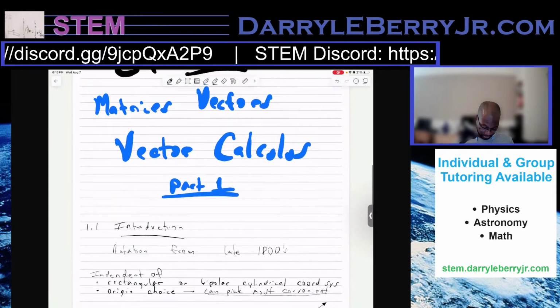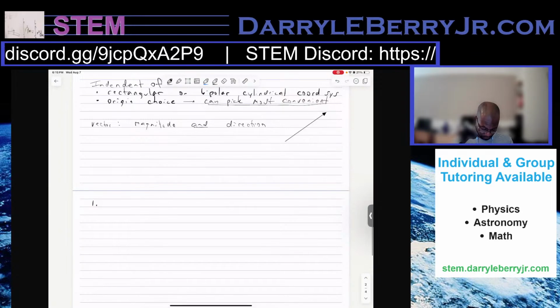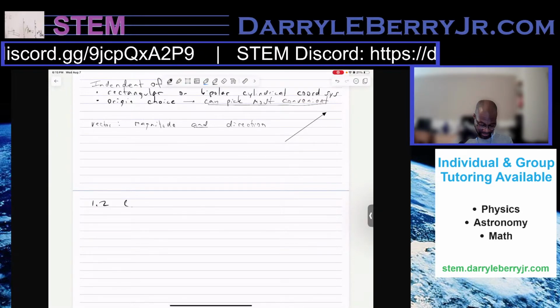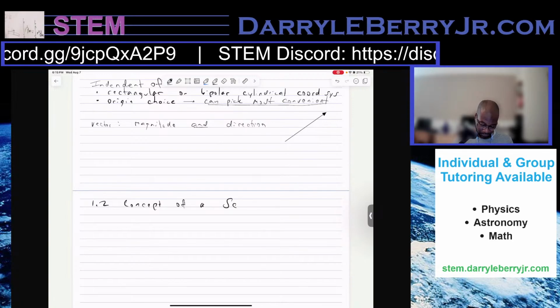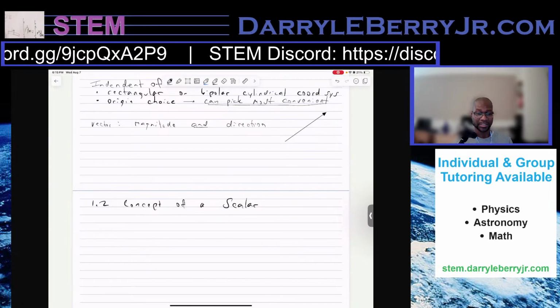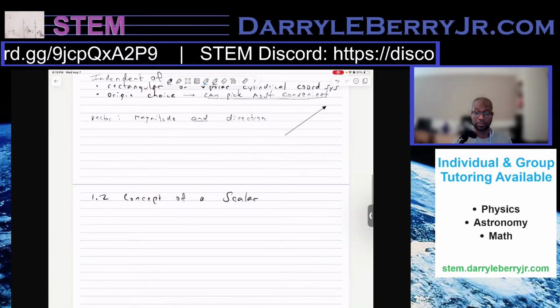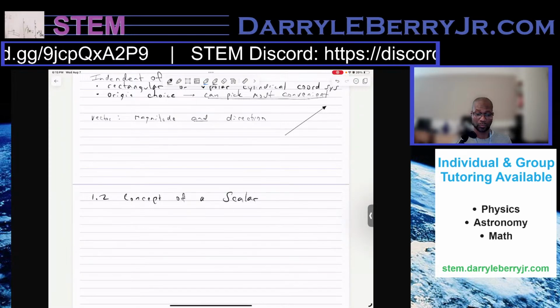So now we're on 1.2 already. So 1.2, concept of a scalar. Consider the array of particles shown in figure 1.1a.